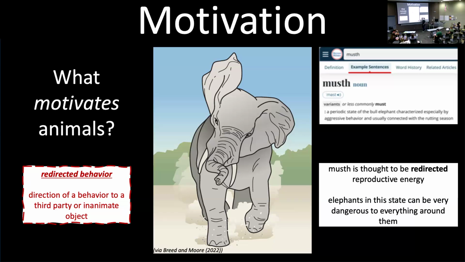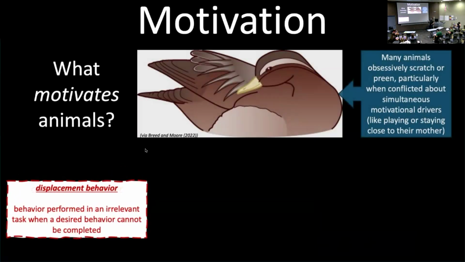That was one of the frameworks that came up, this idea that you can have effort that goes into these other behaviors that is redirected from the behavior the animal wants to do. And similar to that, we can look at preening behaviors in animals. There's a bunch of animals that will direct a lot of behavior toward themselves. They can groom themselves, sometimes excessively, and this can be triggered by certain events around them.